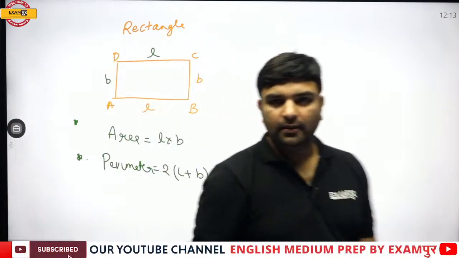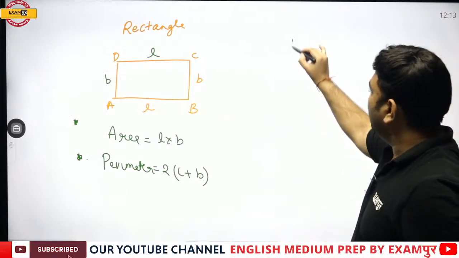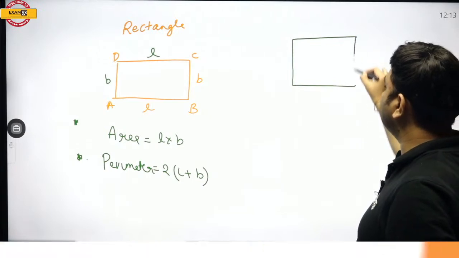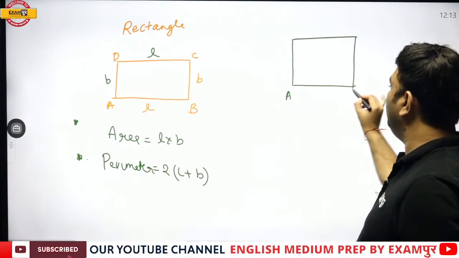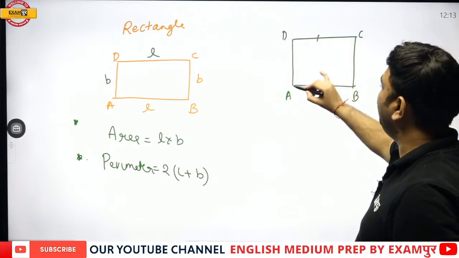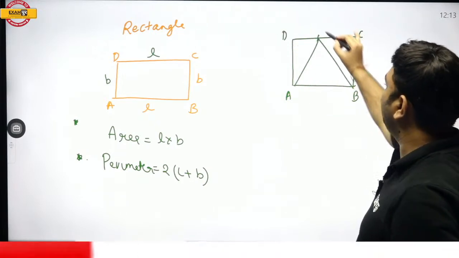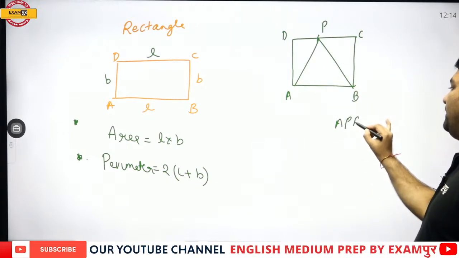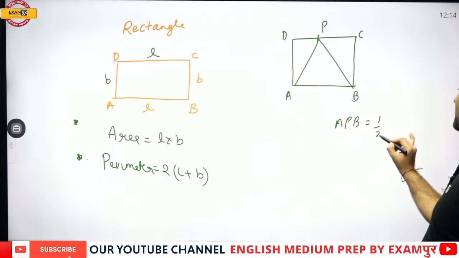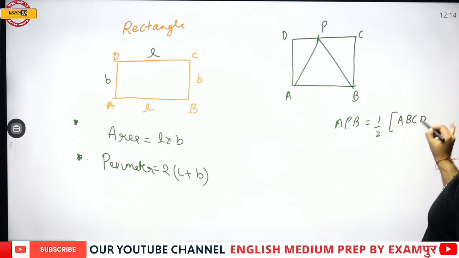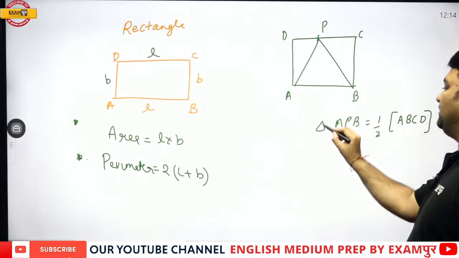What else? In any rectangle, if P is any point on the opposite side of AB, then the area of triangle APB is half the rectangle ABCD.